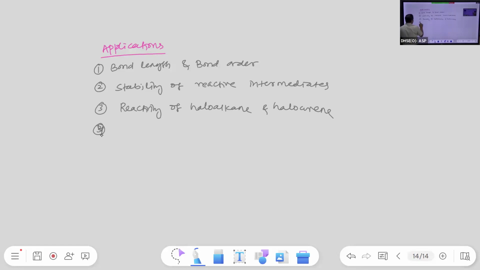Next, acidic strength of alcohol and phenol.